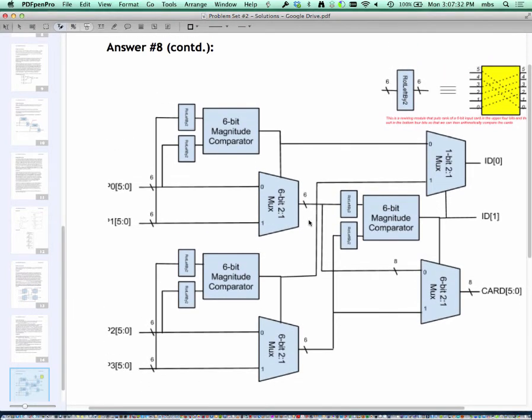Then what I do is I take the output of these 2 muxes and play the same game again. I select which one of those 2 is the winner by again keeping the same kind of structure. I have a magnitude comparator with this rotation and a mux.